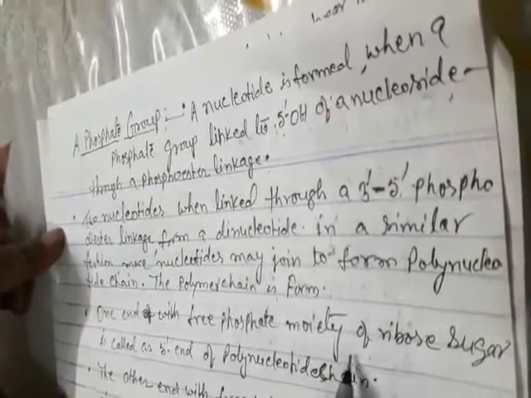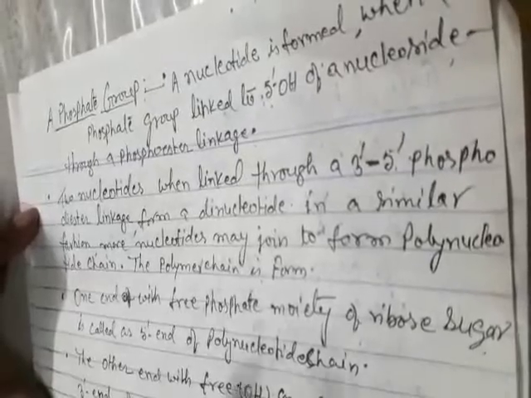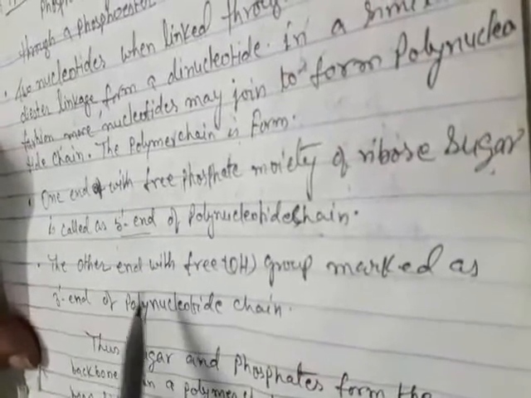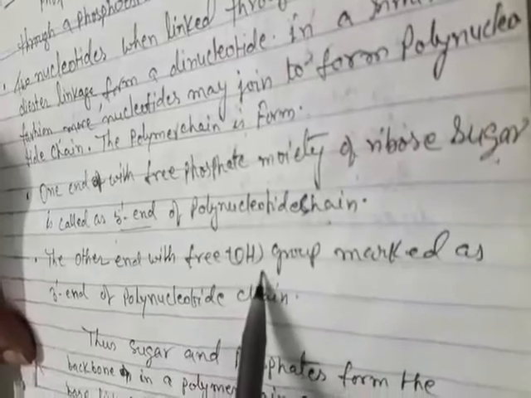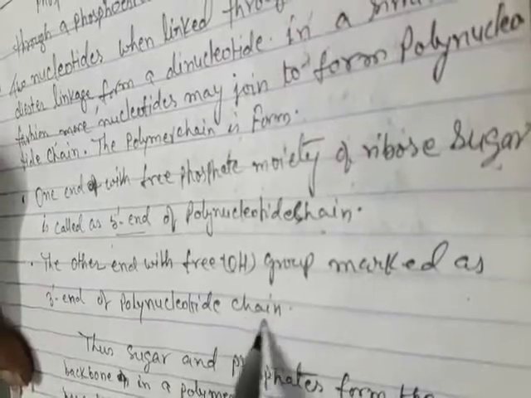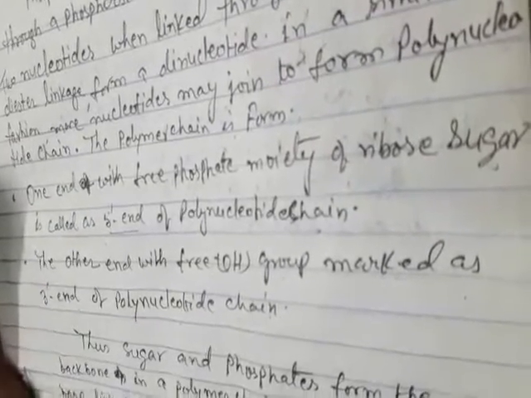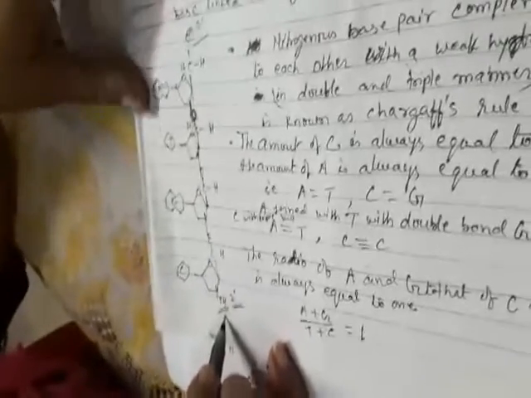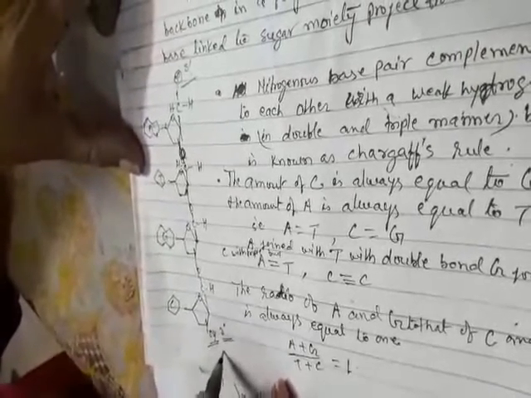One end with a free phosphate moiety on the sugar is called the 5' end of the polynucleotide chain. The other end with a free hydroxyl group is marked as the 3' end.